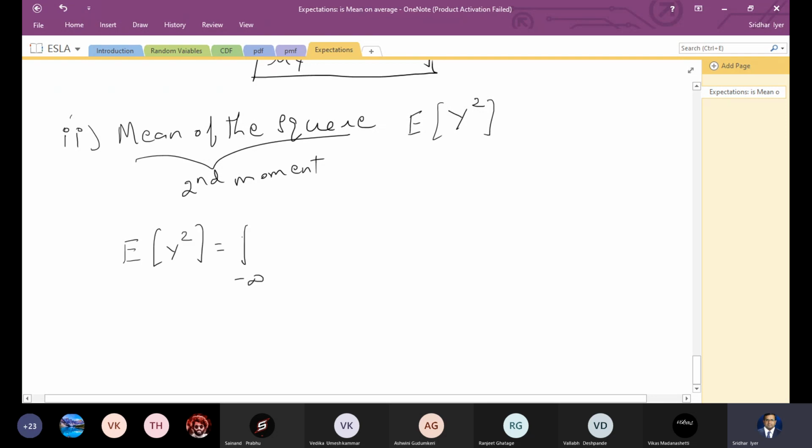This will be the integral from negative to plus infinity of y square f Y of y dy. Let me rewrite this integral with the limits. The limit for the random variable is from 0 to 1. You'll have y square, and let me insert the PDF, which is 1.5 into 1 minus y square dy.